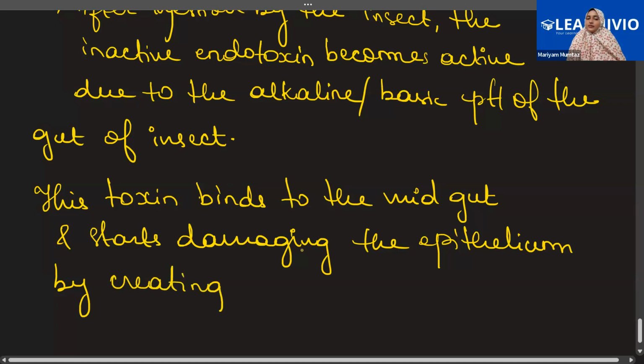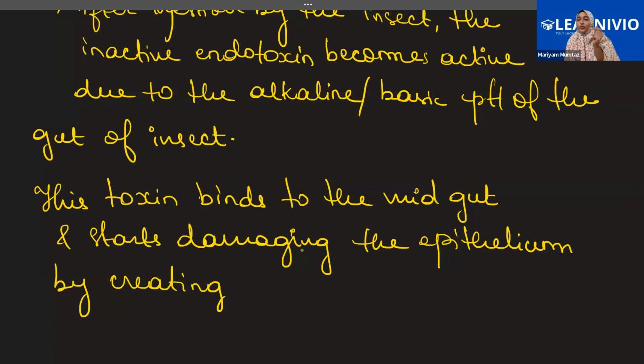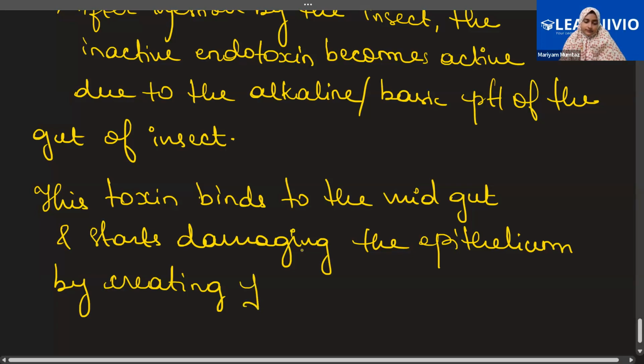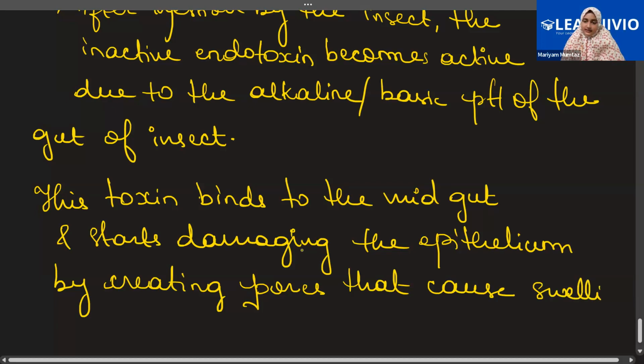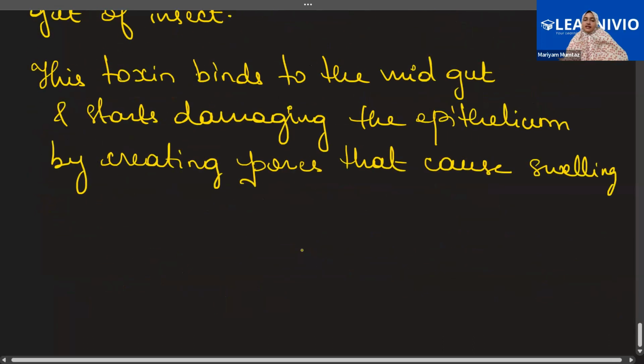Imagine if the small intestine or the stomach starts having holes or pores in it, will the organism, no matter whether it is an insect or not, survive? No. So these pores cause swelling and lysis. Everyone should know the meaning of lysis. Lysis means breakdown.